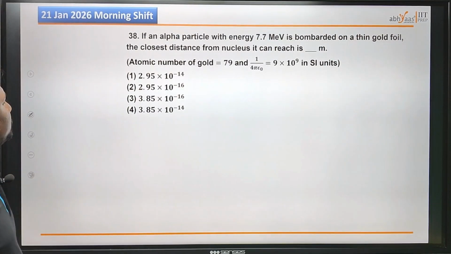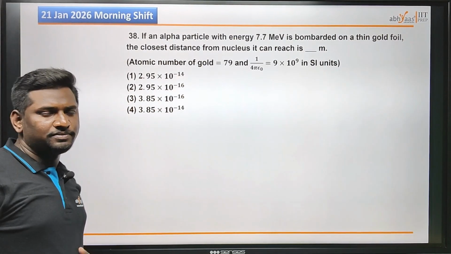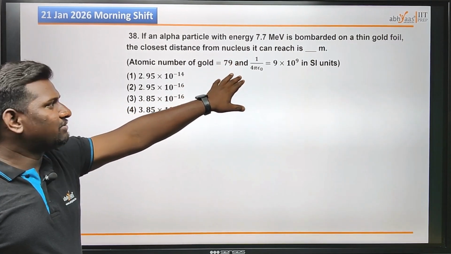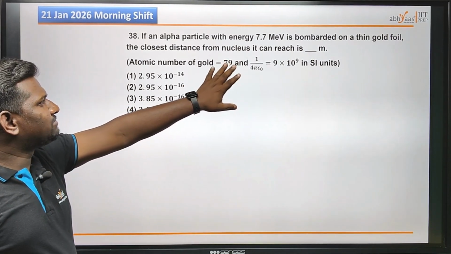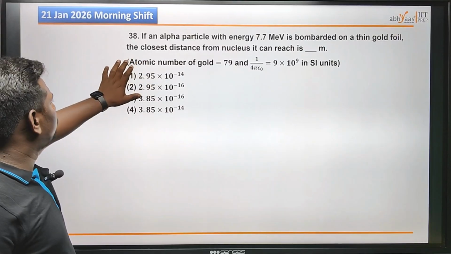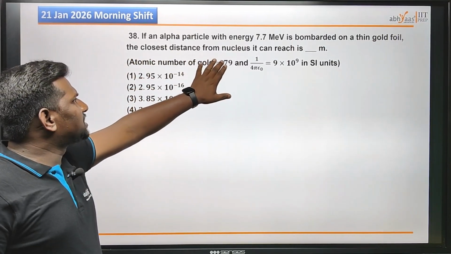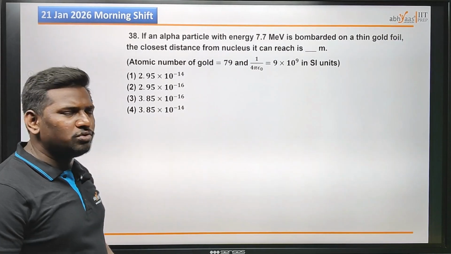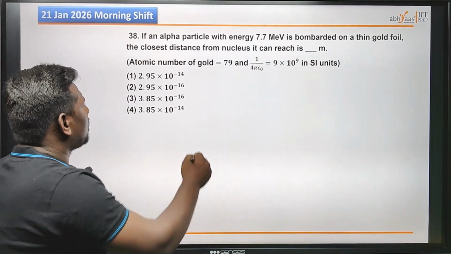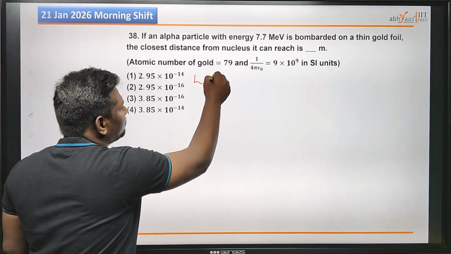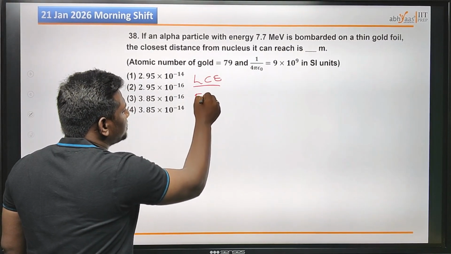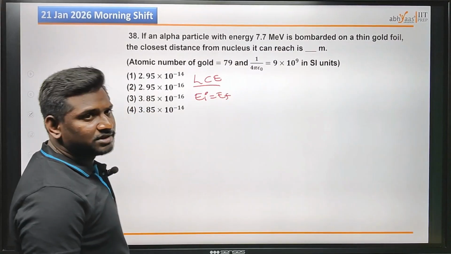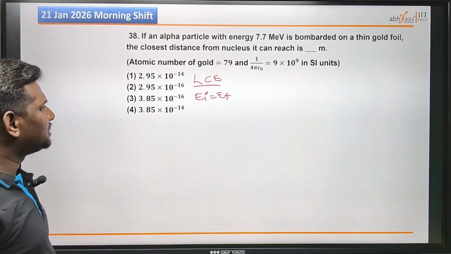So next question, if an alpha particle having energy 7.7 mega electron volts is bombarded on a thin gold foil, find the closest distance from the nucleus. So from the law of conservation of energy, initial energy must be equal to final energy.